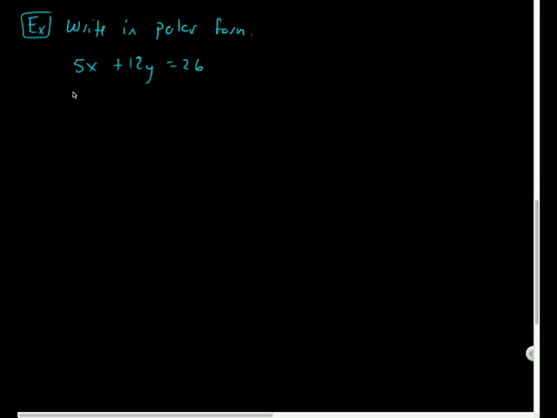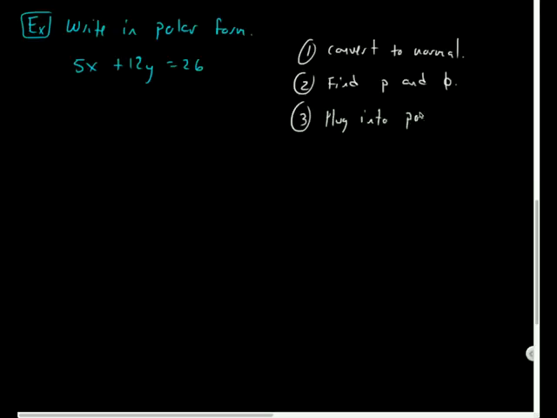Here's a standard form of a linear equation, and I'm going to convert this first into normal form. Maybe I'll write some steps here. Step one, convert to normal form. Step two, find p and phi. Step three, plug into polar form.